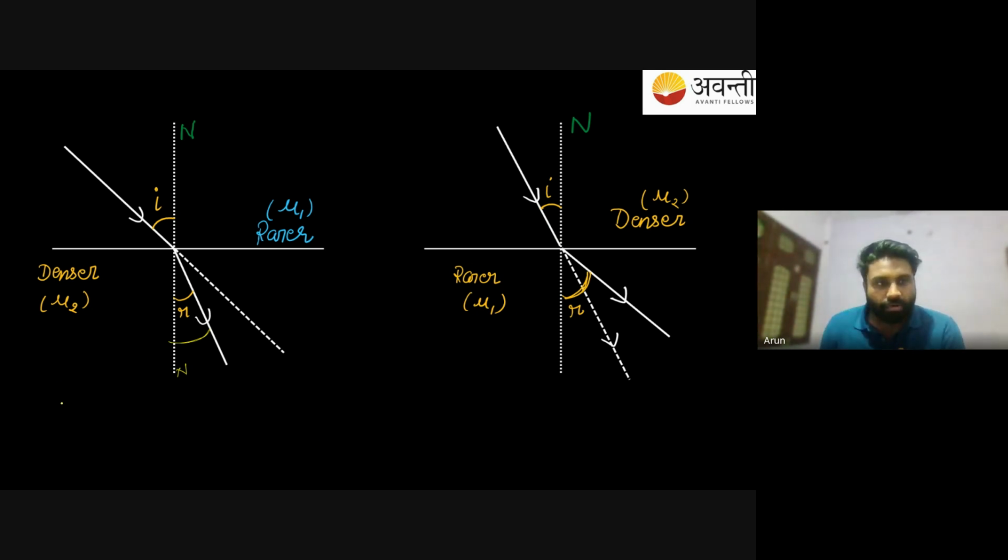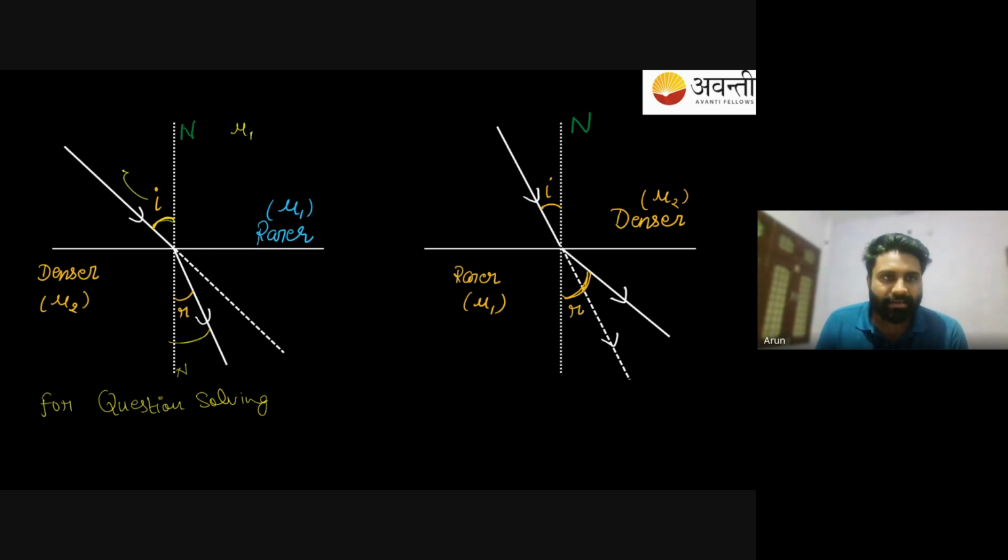Okay, for the numerical, या for question solving, what you can do, you will apply Snell's law. How? Just multiply this mu 1 with sin i. You have to take mu 1 and the sine of this angle.